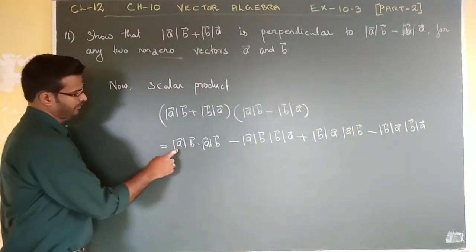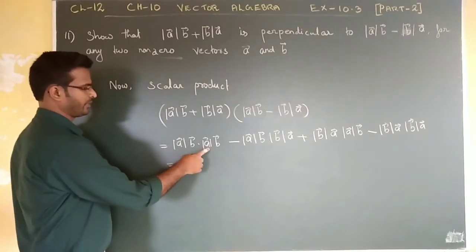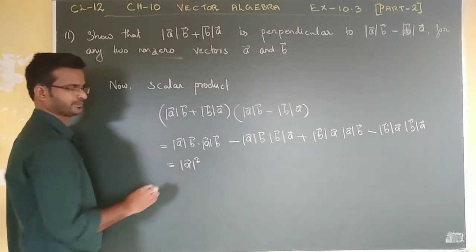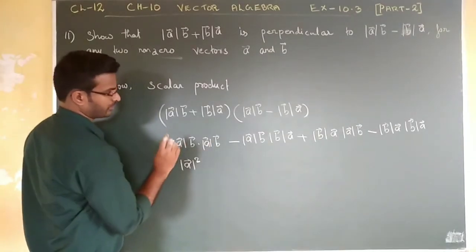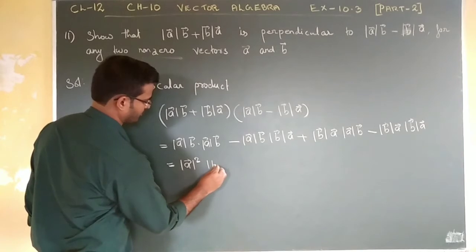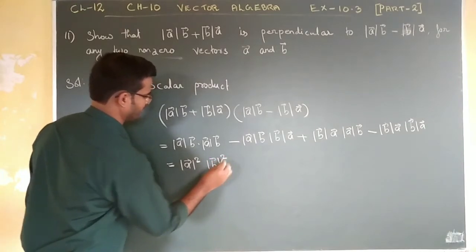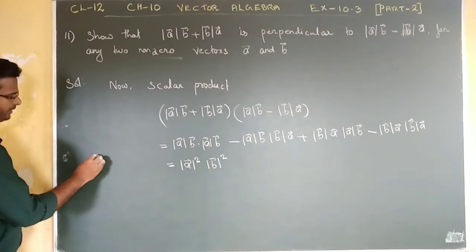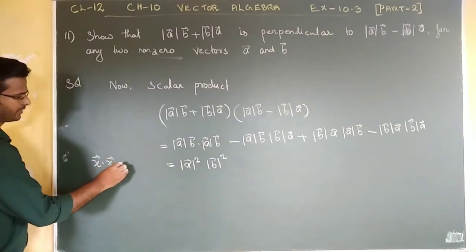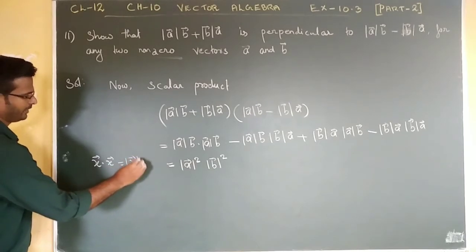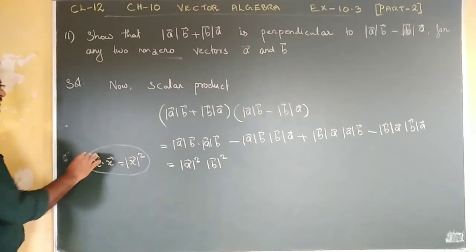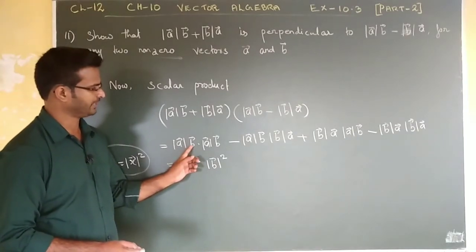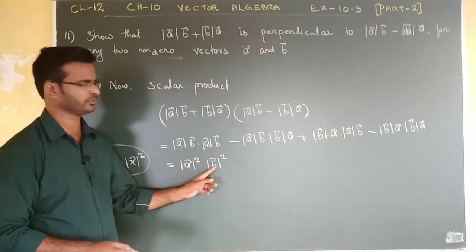Now magnitude of a vector into magnitude of a vector, that is modulus of a vector b vector dot b vector, we can write modulus of a vector square. Why? You already studied in observation, that x vector dot x vector, we can write modulus of x vector square. This is one observation you have studied, isn't it? Using that observation we can write b vector into b vector is modulus of b vector square.